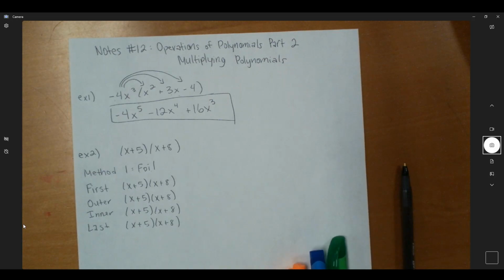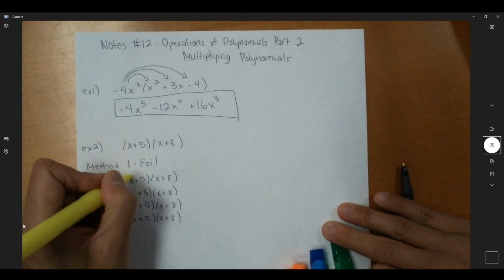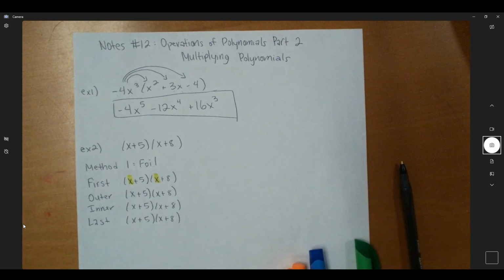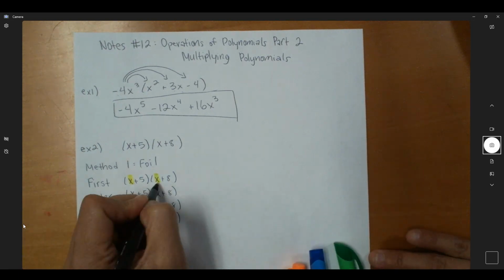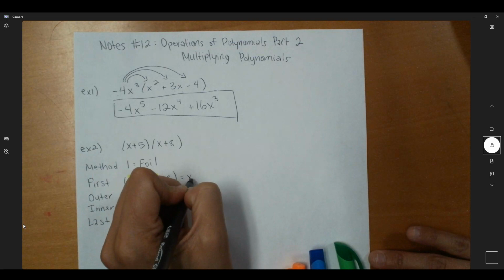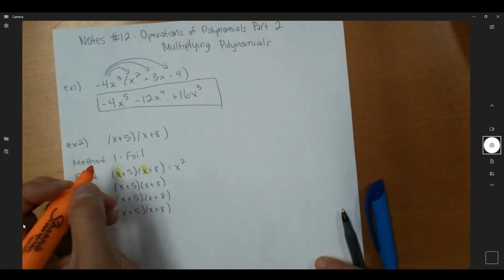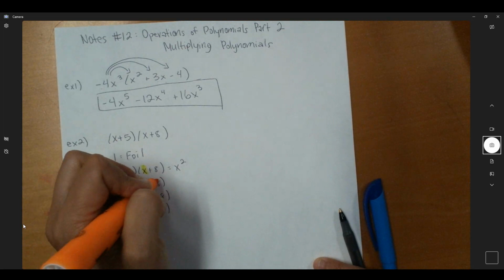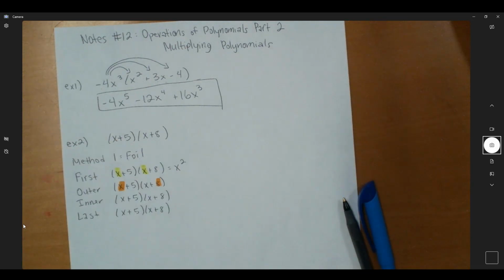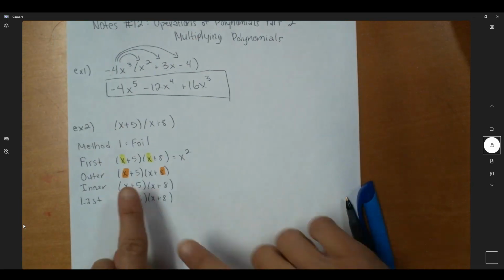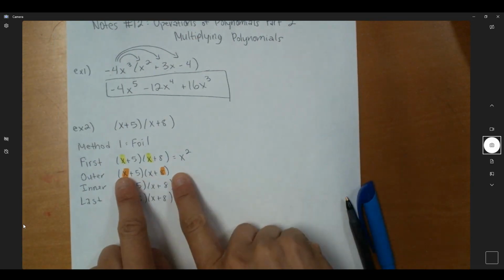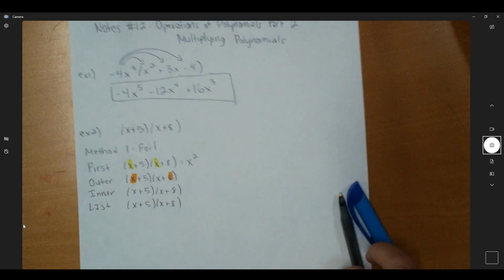Okay, so first would be the first part of each parentheses, and you would multiply those together. So x times x is x squared. And then outer is the outside parts of your entire problem. So see how this is the outer of the entire problem, x times 8.